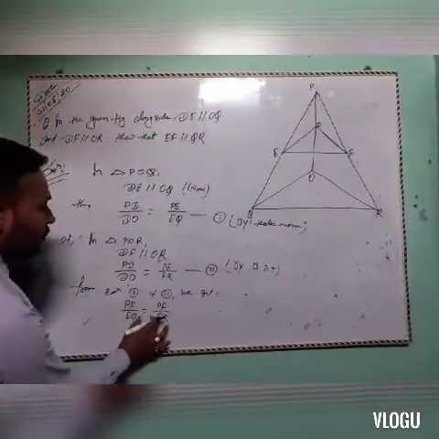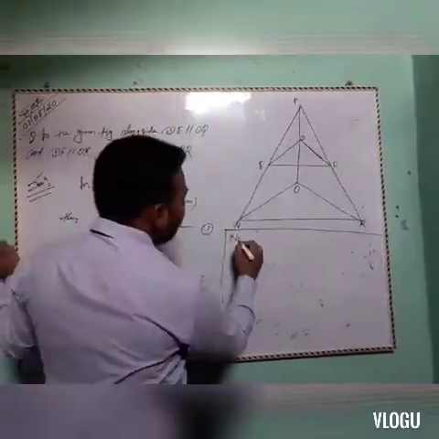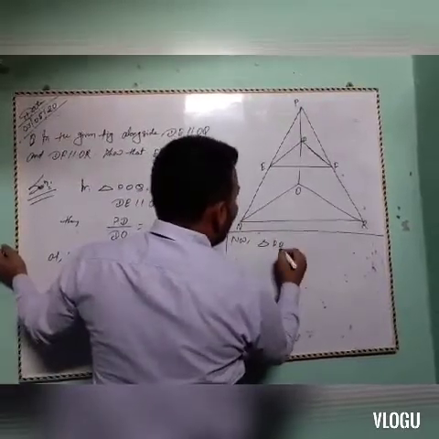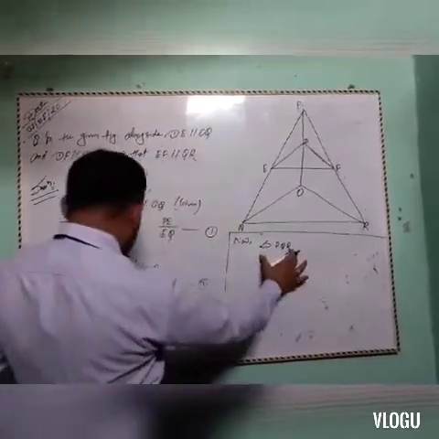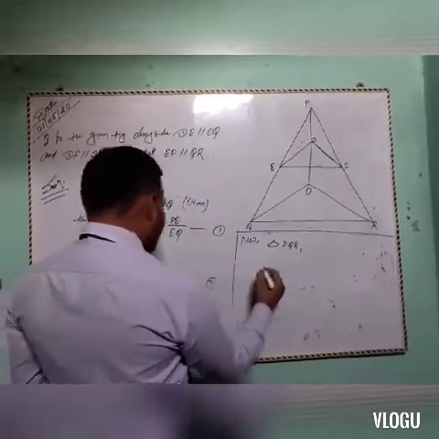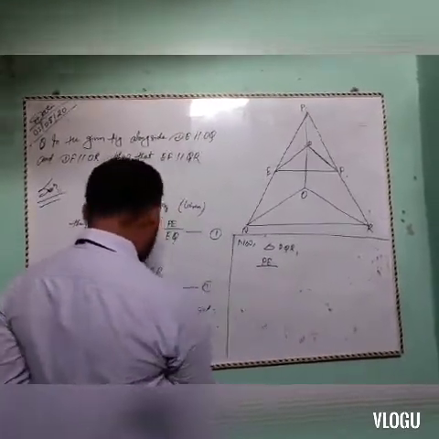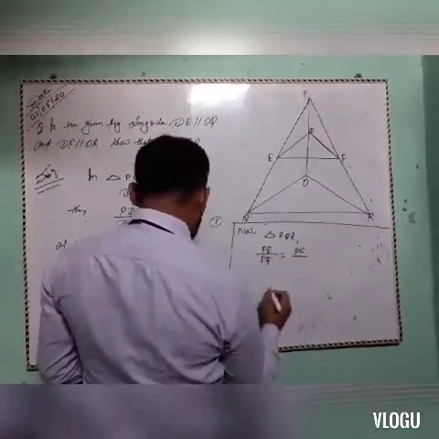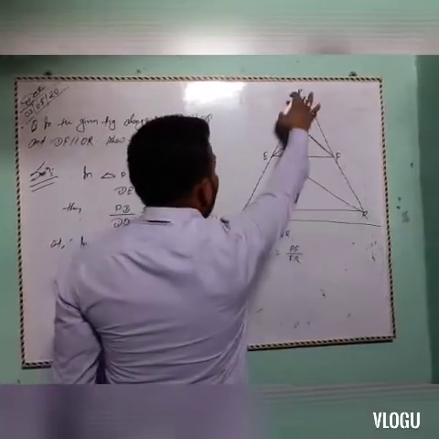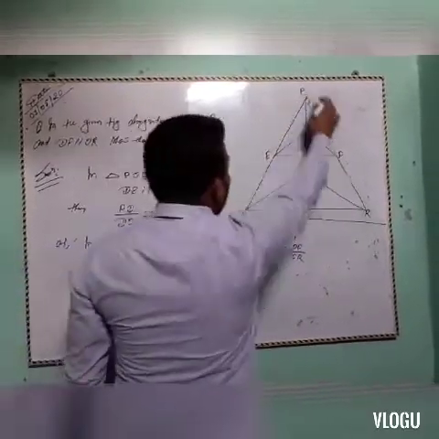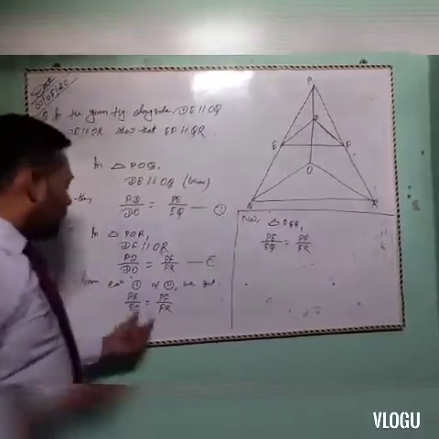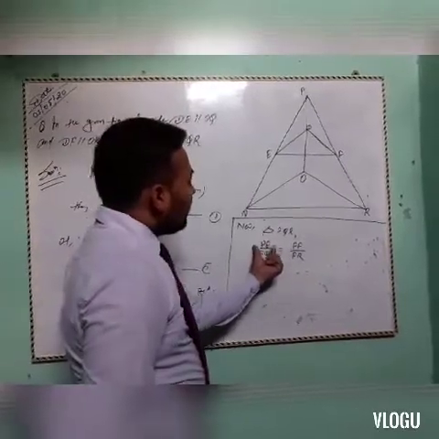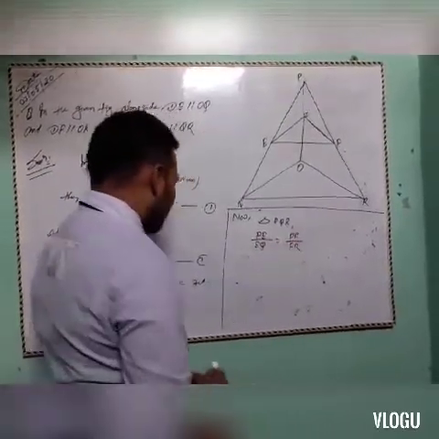In triangle PQR, it is proved that PE by EQ equals PF by FR.